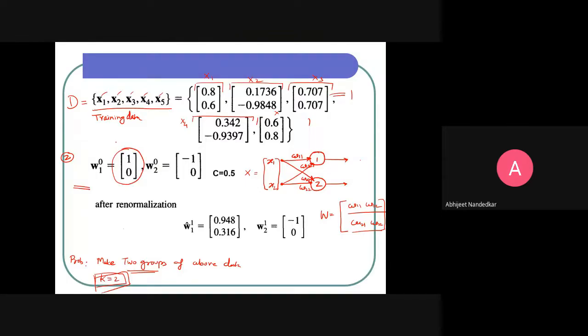So W1 0, that is the square root of 1 square plus 0 square. This will be the length of this, and you will see that this is 1. Similarly for this, minus 1 square plus 0 square, so this is also 1. So both weights are normalized.